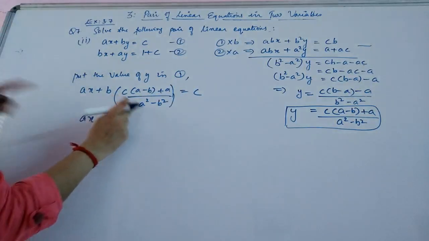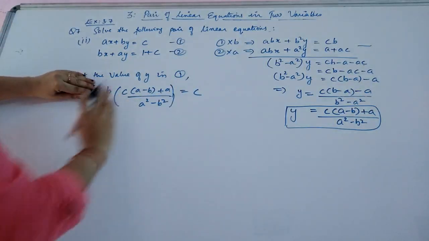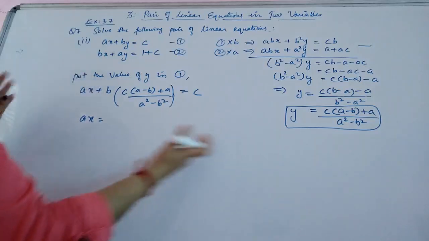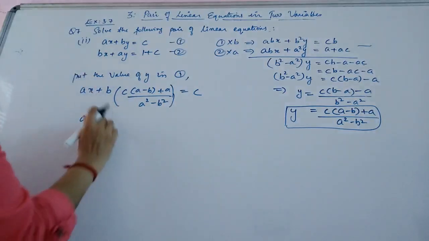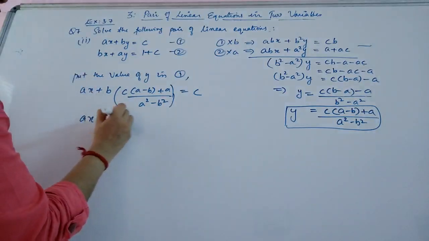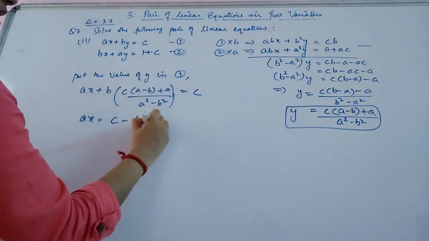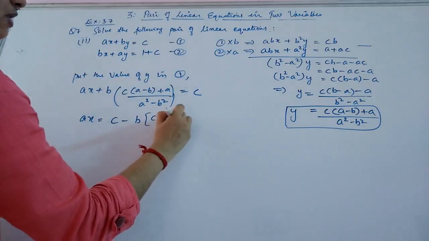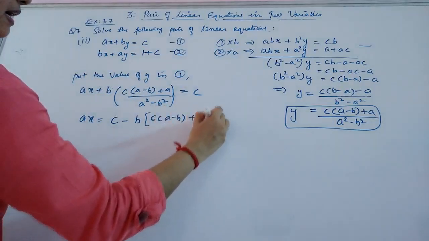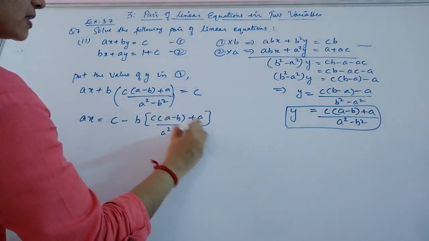That is ax is equal, we are not taking the LCM, we are just making ax is equal to something so that the simplification will be easy. So ax is equal to c minus, this will become negative, c minus b into c into in bracket a minus b plus a divided by a square minus b square.